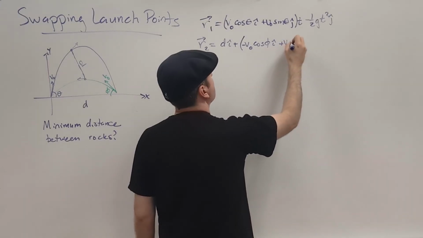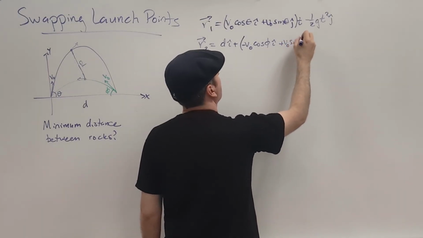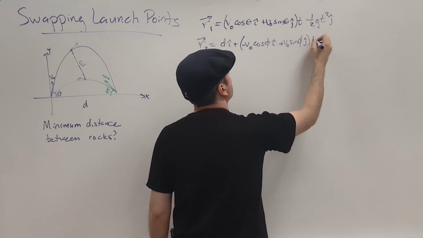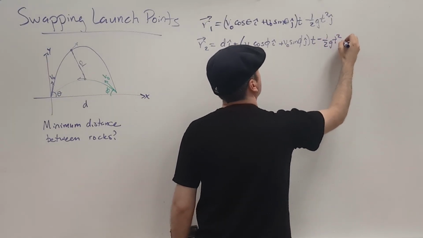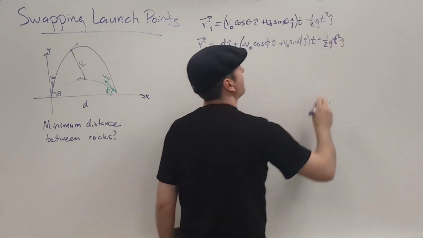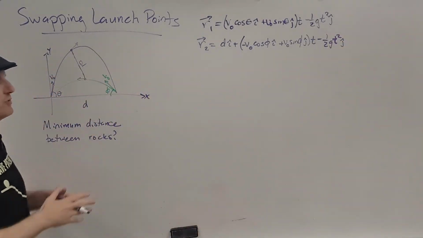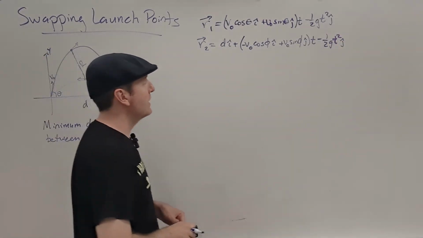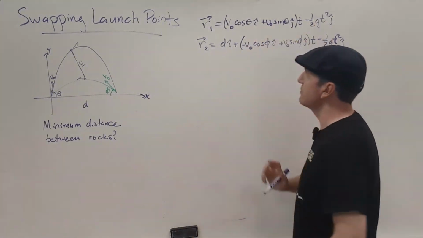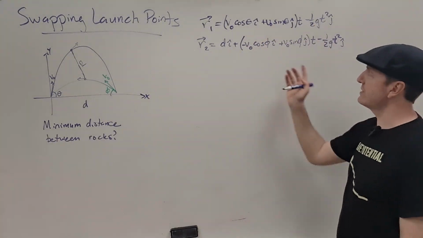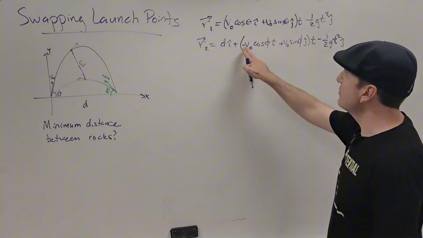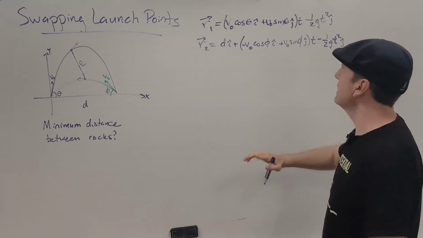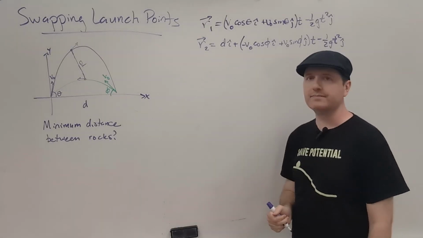And then I'll have a plus v naught sine phi j hat, also times t, and also with the same acceleration term. They're both under the influence of gravity. They are launched at the same time, so these t's really are the same t's. They're launched at the same speed, so these v naughts really are the same speed v naught. And we're picking up the minus sign there, and the d there is really the only difference.